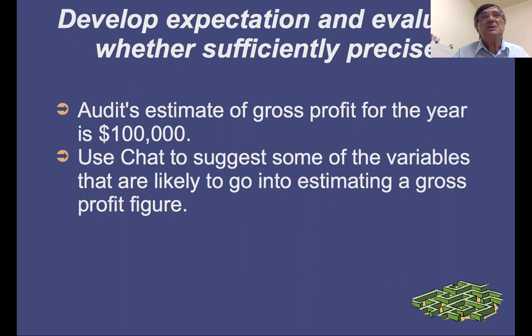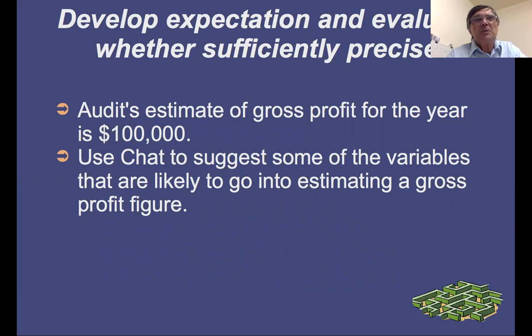Now, evaluation of precision. How do you look at the precision of your estimate? First of all, we'll look at what might affect the estimation of a gross profit figure. We've estimated gross profit.